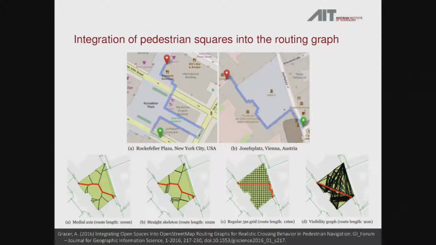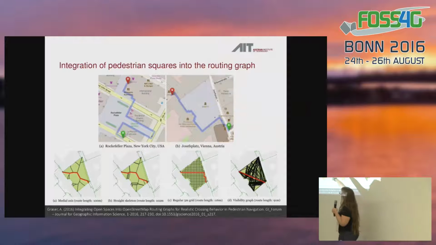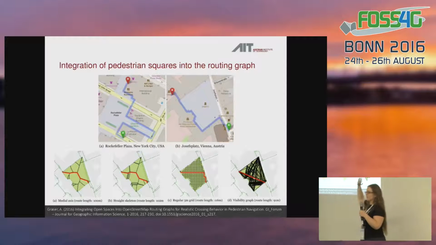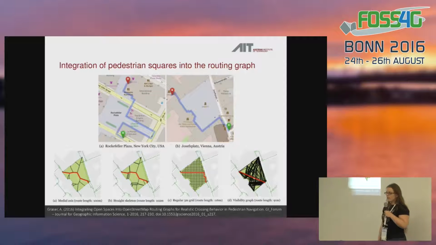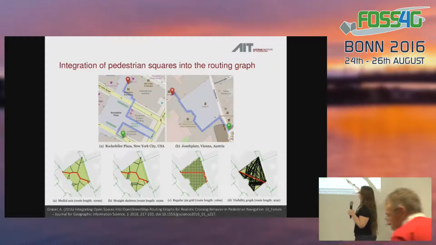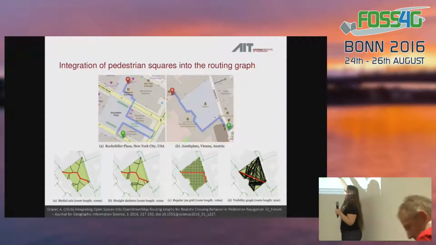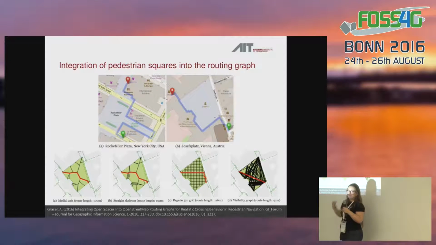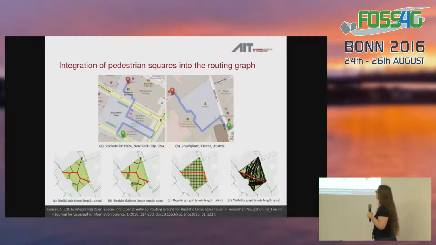They take all the road links, and then they take the squares, use the outline of the square, insert it into the routing graph and say, yay, we are done. And then the pedestrian has to walk along the outside of Rockefeller Plaza to get to the other side of the square. This also leads to effects where the algorithm completely avoids the square because the route gets so long that it actually thinks it can get to the destination on other routes much faster.